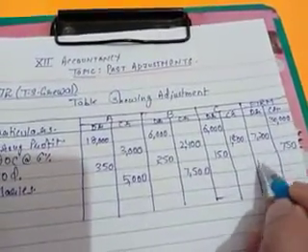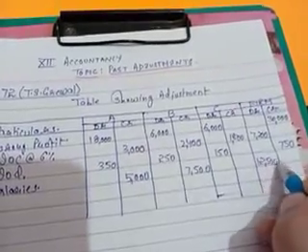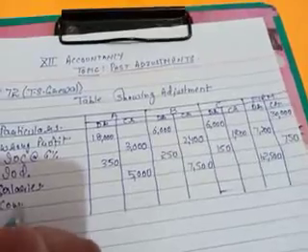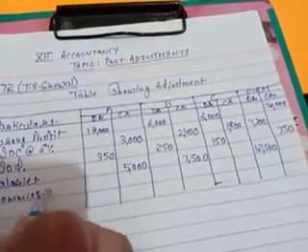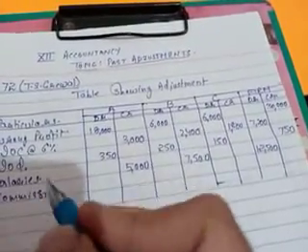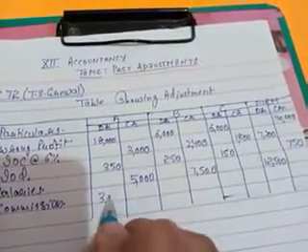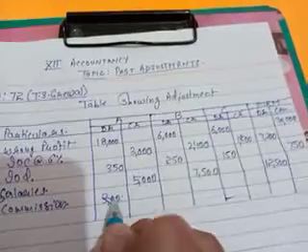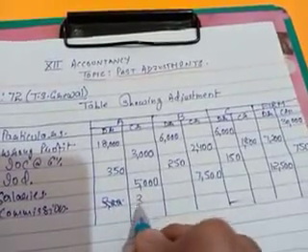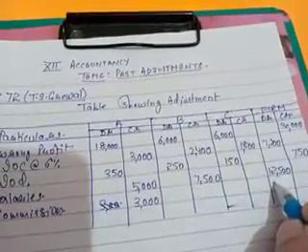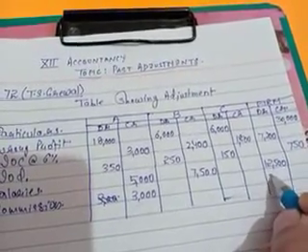It will be debited in the firm's account, 12,500. Clear? Number 5 is commission. Commission is to be paid to A, rupees 3,000. It will be credited in A's account 3,000, and the same will be debited in the firm's account 3,000.